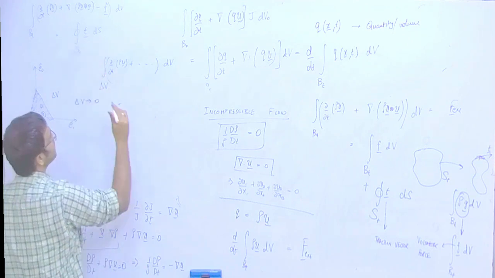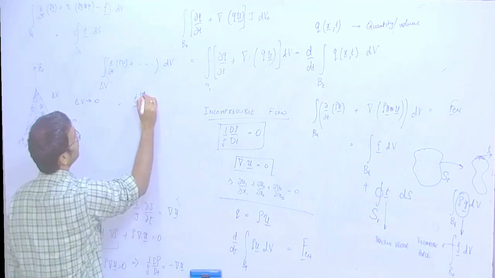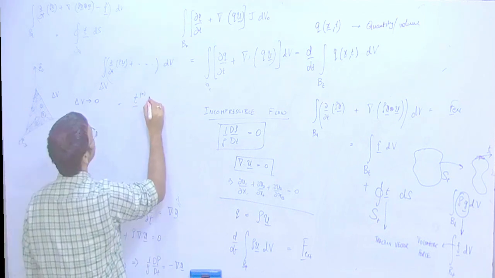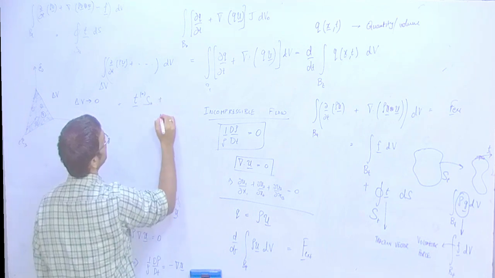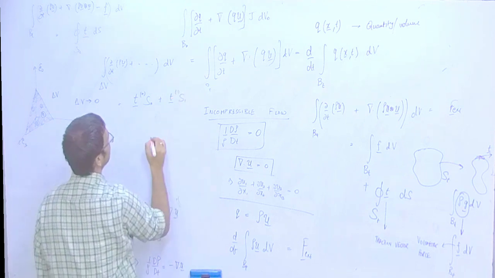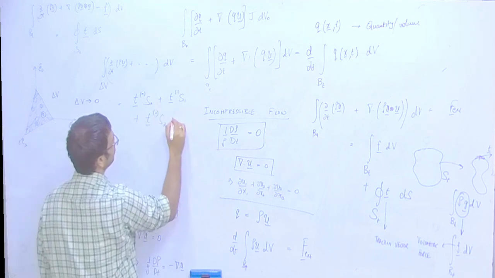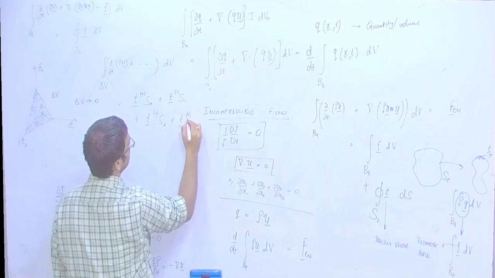This integration is simply going to be T of n times S of n plus T1 times S1 plus T2 times S2 plus T3 times S3.